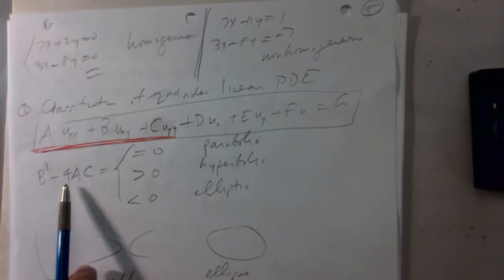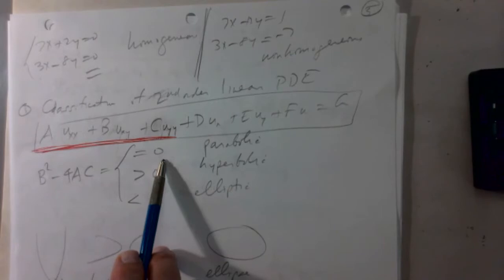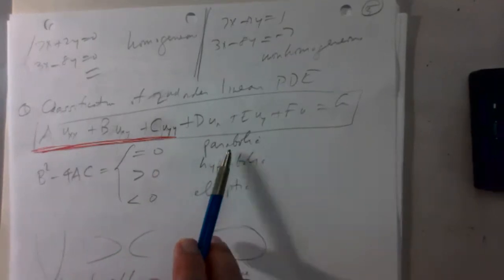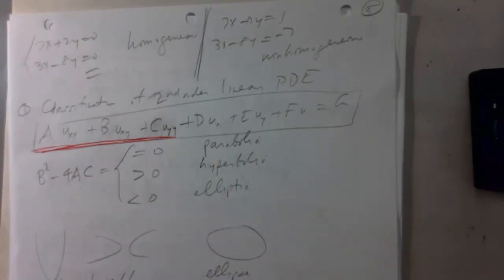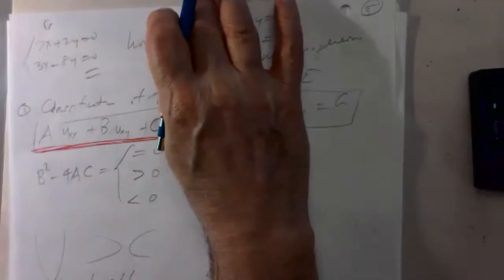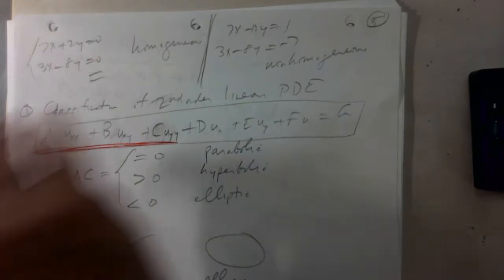And when b squared minus 4ac equals 0, we call that partial differential equation parabolic, and it should be that we get a parabola as the shape of the corresponding quadratic. But I'll figure that out and talk about that again on Monday.